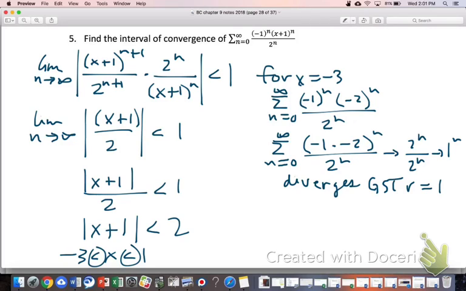So the other one, for x equals 1, you get sigma, and you'd get -1 to the n, and then you get 1 plus 1, so you get 2 to the n over 2 to the n.